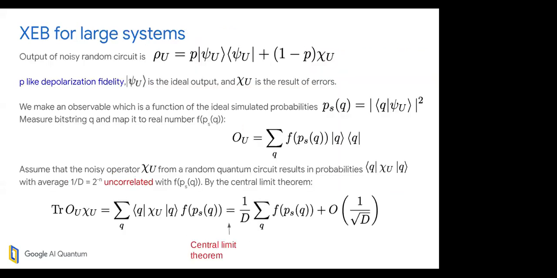Okay, so how does this cross entropy benchmarking work for a large system with many qubits? The first thing we do is write the noisy density output of our noisy experiment as a mixture between the ideal state that we're trying to build with the random circuit, so this is the ideal output of the random circuit, and some noisy operator chi, where we just collect the effect of all errors.